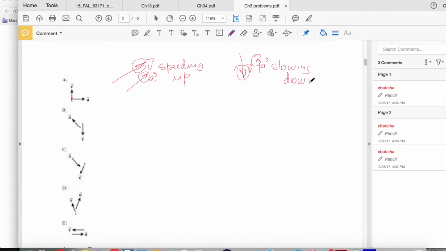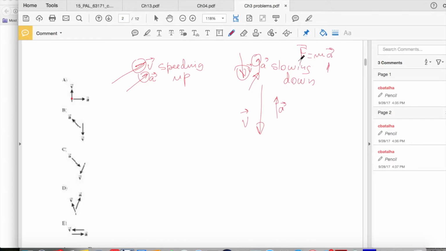Now you learn about forces, and then you know acceleration is a quantity associated with force. So if you have a velocity vector in this direction, and if your acceleration vector is along this direction, you can also say, because of what we learned today, F is equal to ma.